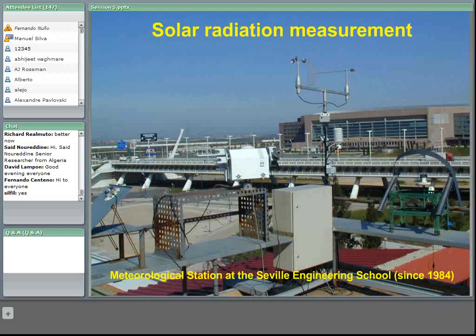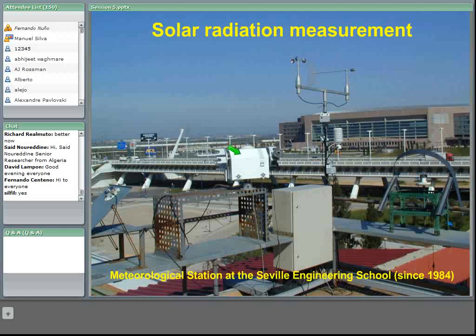We can see some pyranometers for measuring global solar radiation, global irradiance, pyrheliometers for measuring direct irradiance, a pyranometer with a shadow band for measuring diffuse irradiance, and here we can see a sun tracker, a two-axis sun tracker to mount a pyrheliometer, because this device, as we will comment immediately, requires two-axis tracking of the sun.